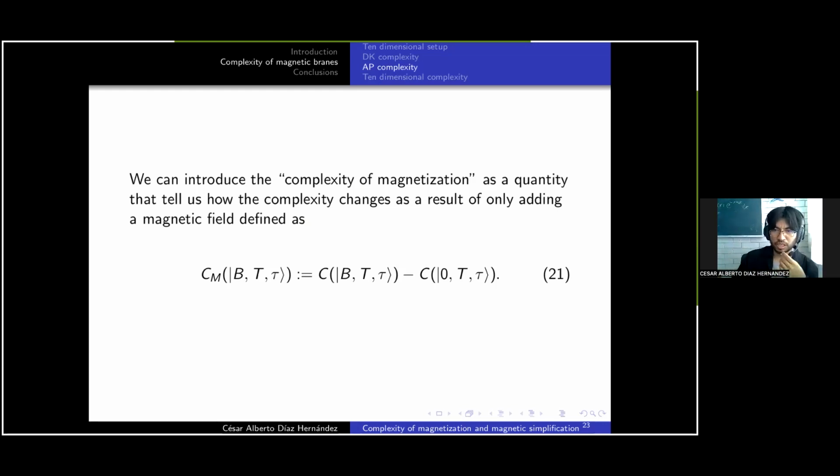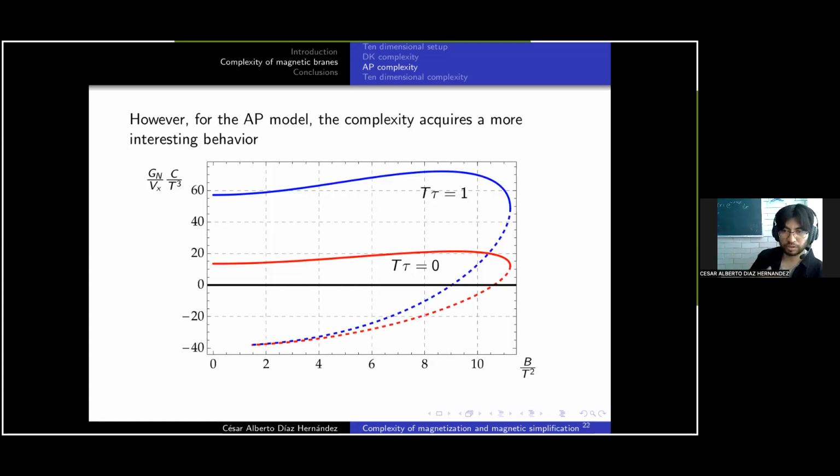We can introduce the complexity of magnetization as a quantity that tells us how the complexity changes as the result of just adding a magnetic field. Notice here that we're adding a lot of things. We're adding not just the magnetic field, we're adding a temperature, we're evolving it in time. So all these contributions could be the cause of this decrease.